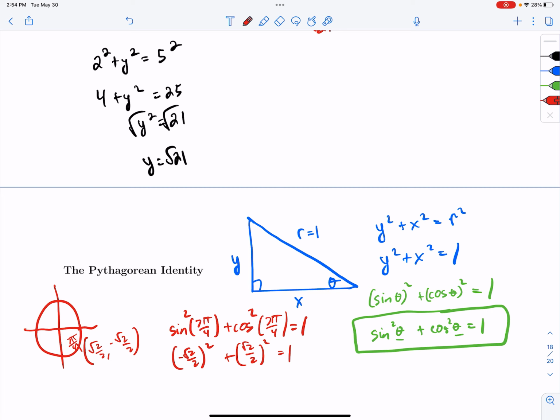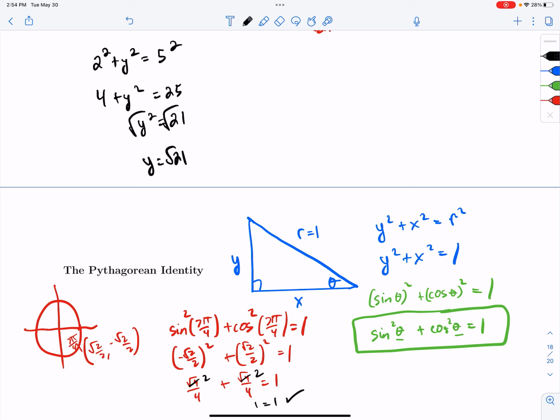Negative root 2 times negative root 2 is positive root 4 over 4. Same thing for the other, I get positive root 4 over 4. The square root of 4 is 2, so this is 2 over 4, this is 2 over 4, so that's 1/2 plus 1/2, and that's just equal to 1. So that is an example of using the Pythagorean identity.